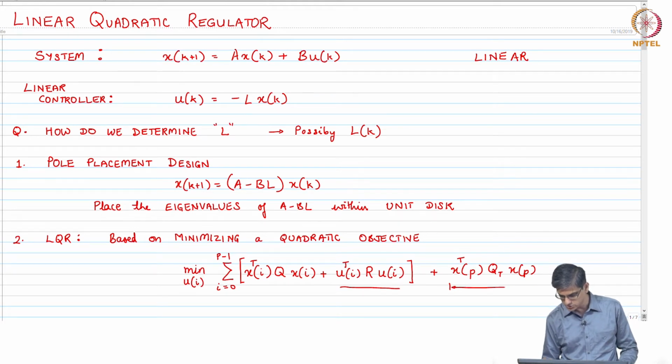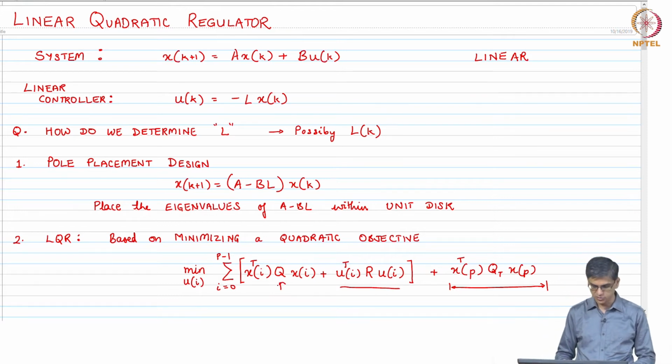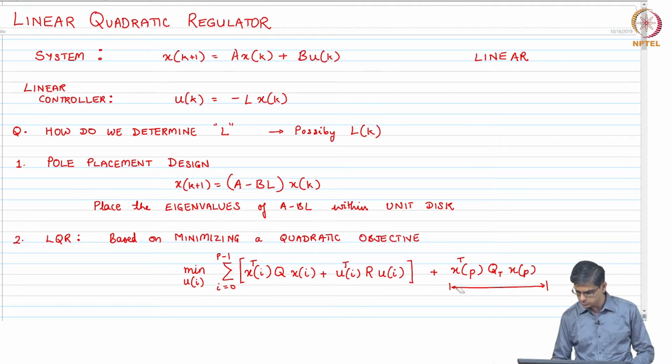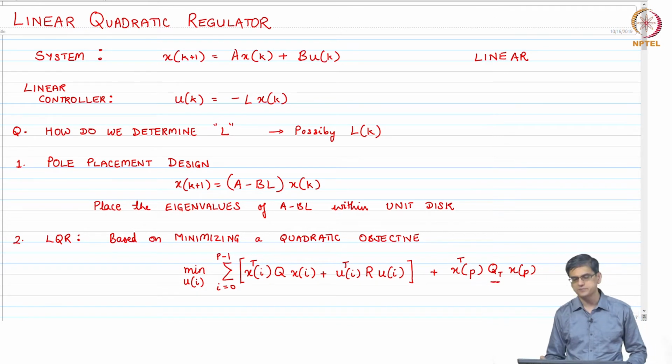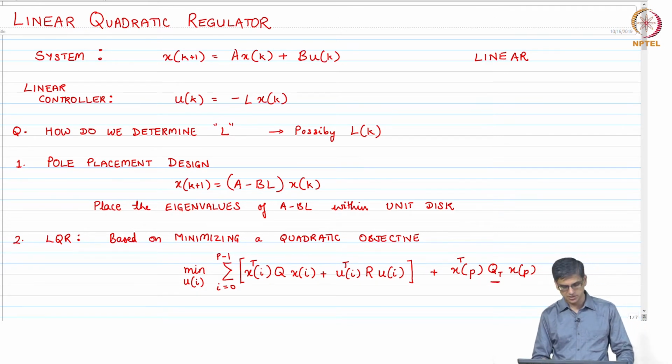The terminal cost may be different than this Q or it may be same as this Q. If Q and Q_T are same, then that is the usual case, but the terminal weight matrix need not be the same as the within the summation weight matrix, okay.